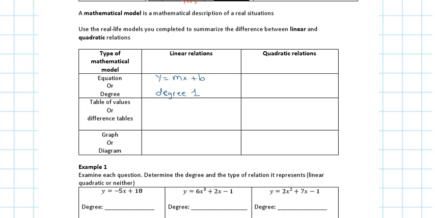So in the table of values for a linear function, your first difference is going to be constant. And then the graph is going to be a straight line.